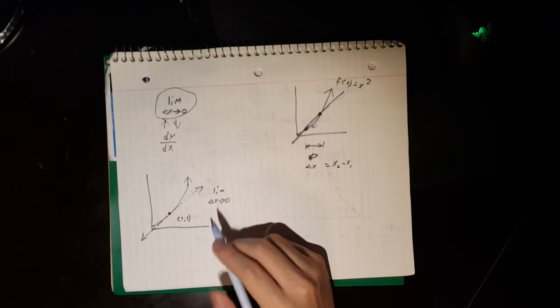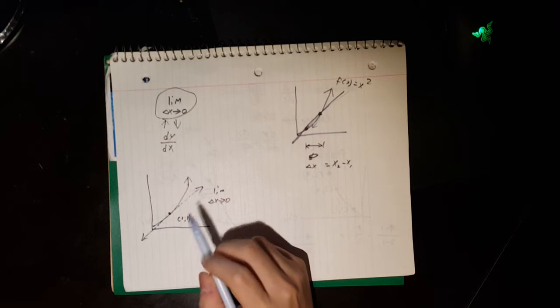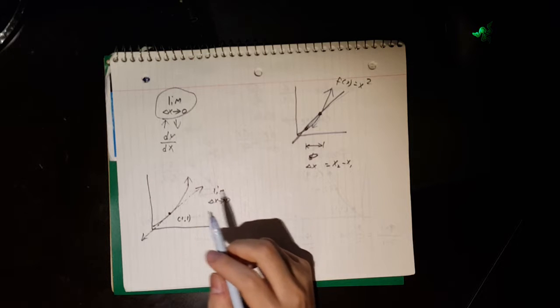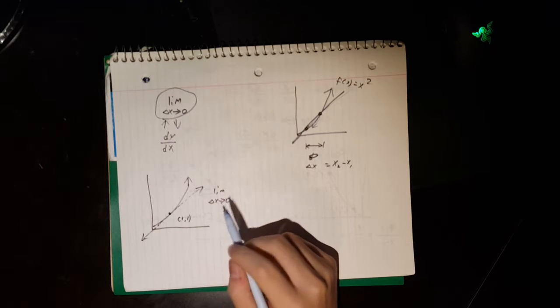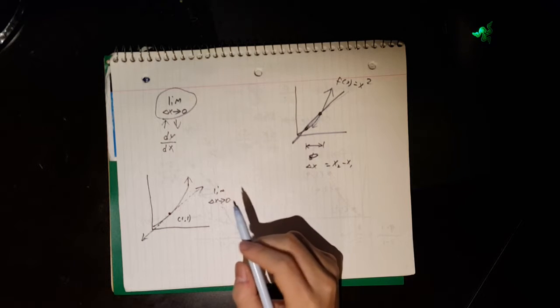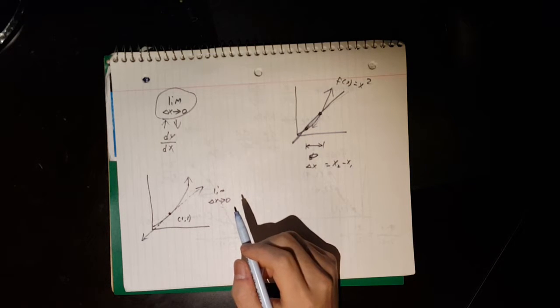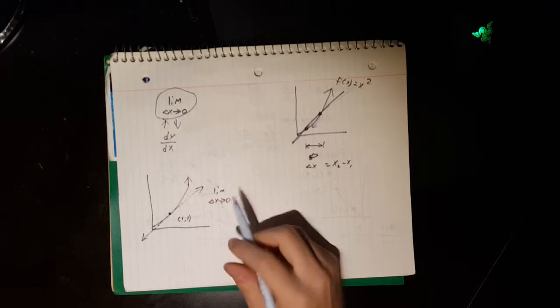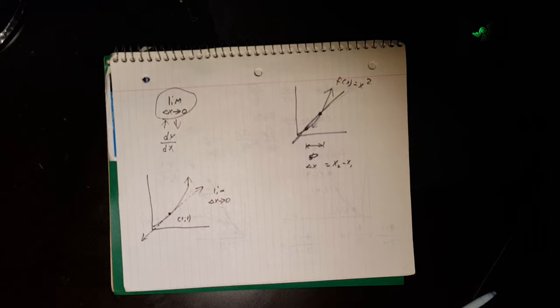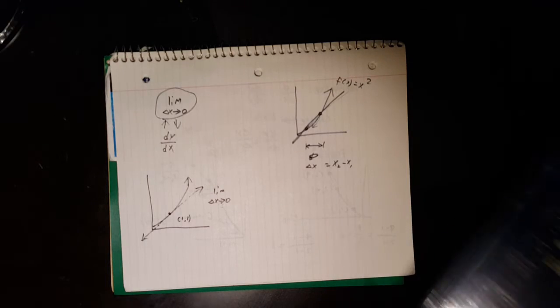And so this gives you the instantaneous rate of change by using the definition of limit. And if you look in the textbook, is this still recording? Okay, good.